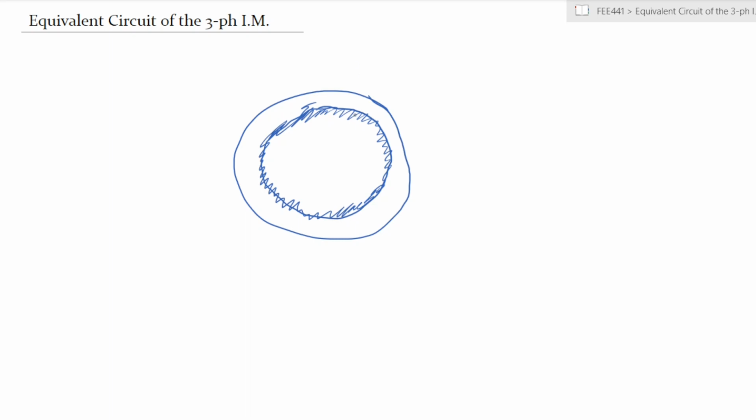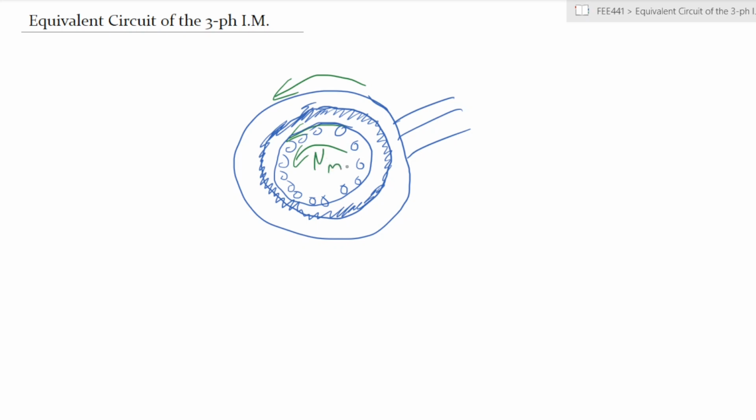As soon as a three-phase supply is connected to the machine, you get a rotating magnetic field that is experienced by the rotor. The rotor, with its bars connected in there, rotates at a speed indicated by N, and the rotating magnetic field rotates at a synchronous speed Ns.